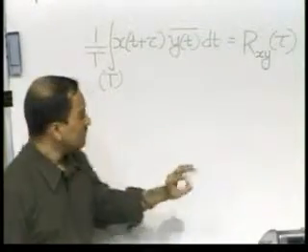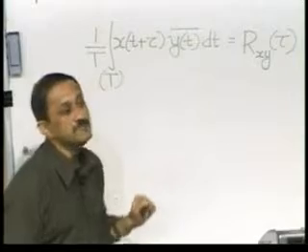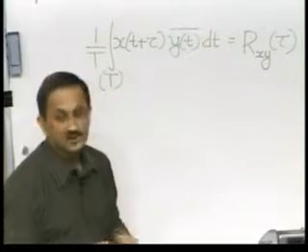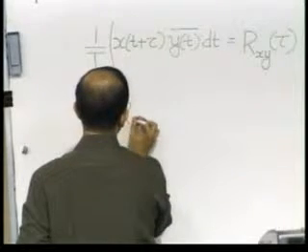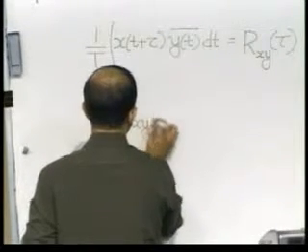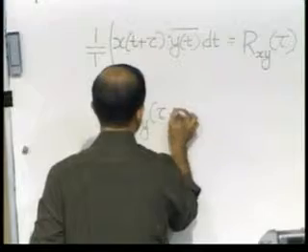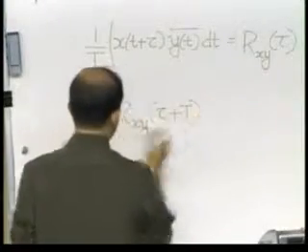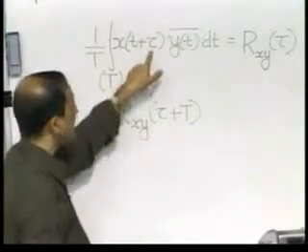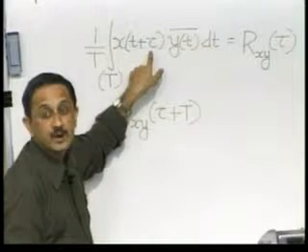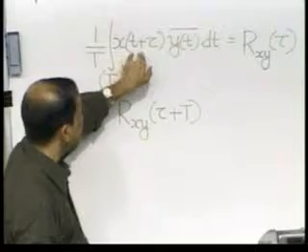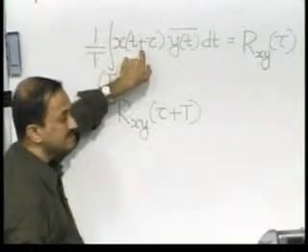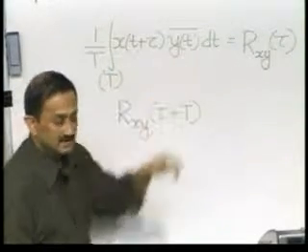Now it is very easy to see that this is also periodic with period T. That is not at all difficult to show, because if you consider Rxy(tau plus T), it amounts to replacing the argument here by tau plus T. So let me write it down.